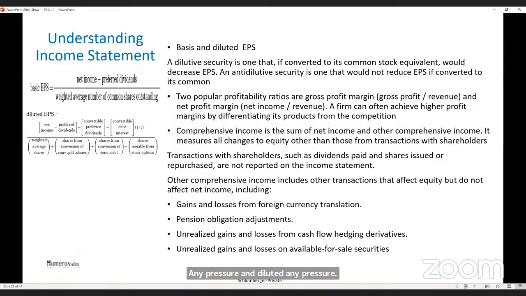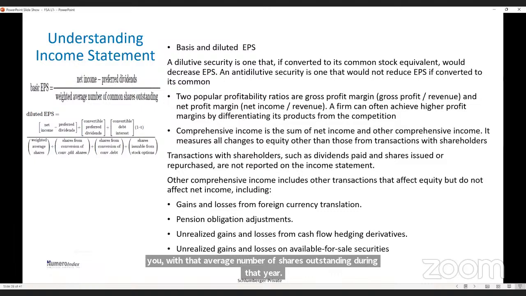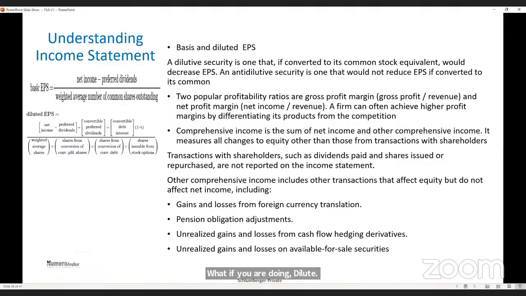So note that when you are doing your basic earnings per share, it has to be your income minus your preferred dividend, then divided by the weighted average number of common shares outstanding during that year. But if you are doing diluted, it has to be your net income minus your preferred dividend. You have to add back your convertible preferred dividend that has been paid, and your convertible debt interest, add it back. But remember, take away taxes, because it will no longer be tax deductible.